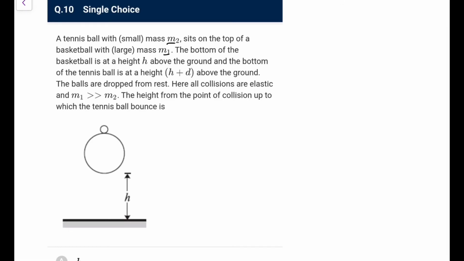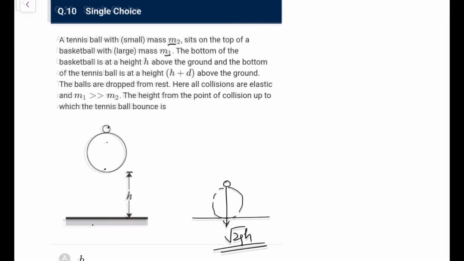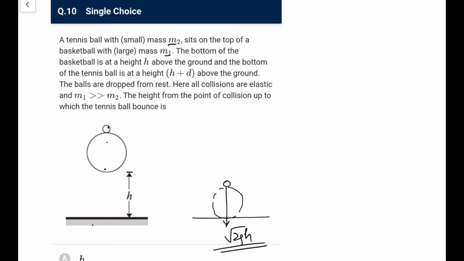First of all, when they are going to hit, the speed of both will be root 2gh for sure. So now they strike with root 2gh. Now the collision will be this collides with this, and this collides with this. So the tennis ball velocity after the collision: first, taking the elastic collision, let's say both were at root 2gh.